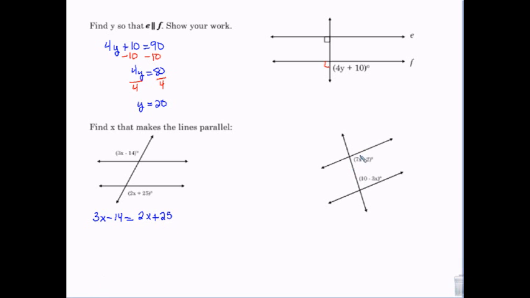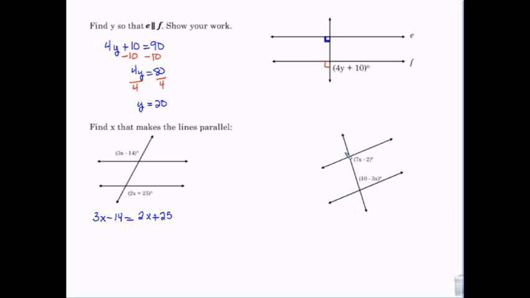Now these two are same side or consecutive interior. What do we know about those? No, we don't know that unless one of them has this little box.